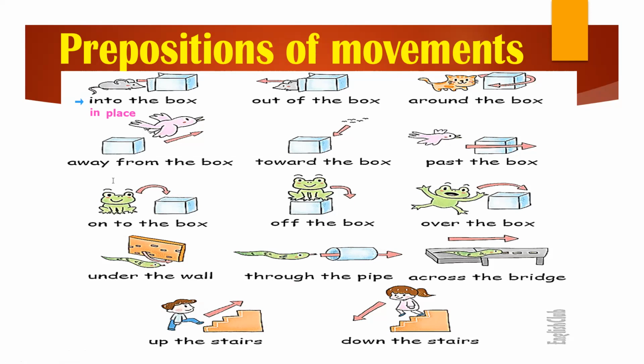You're going to tell me it's in the box. This is the place of the rat. It's inside the box. But with into I'm gonna use a verb of motion. This is the only difference as we mentioned.